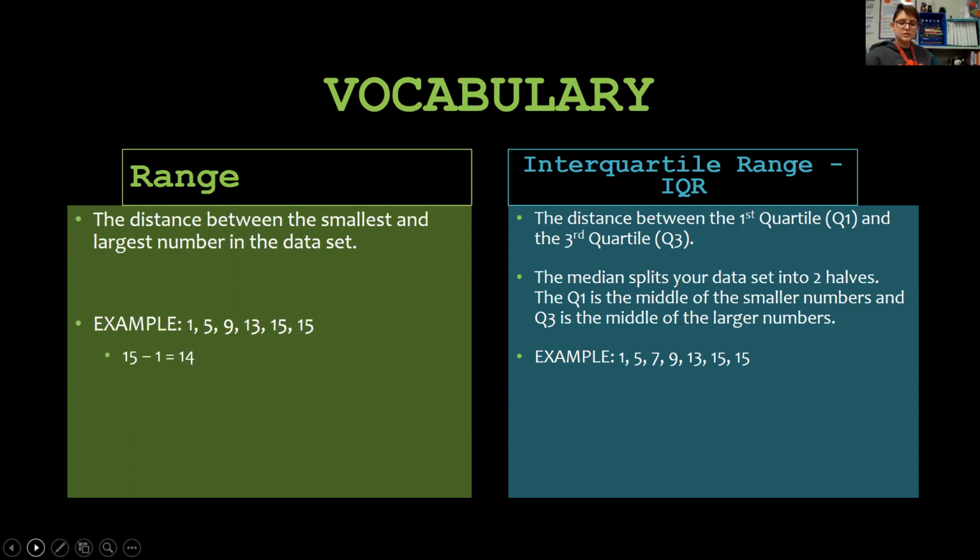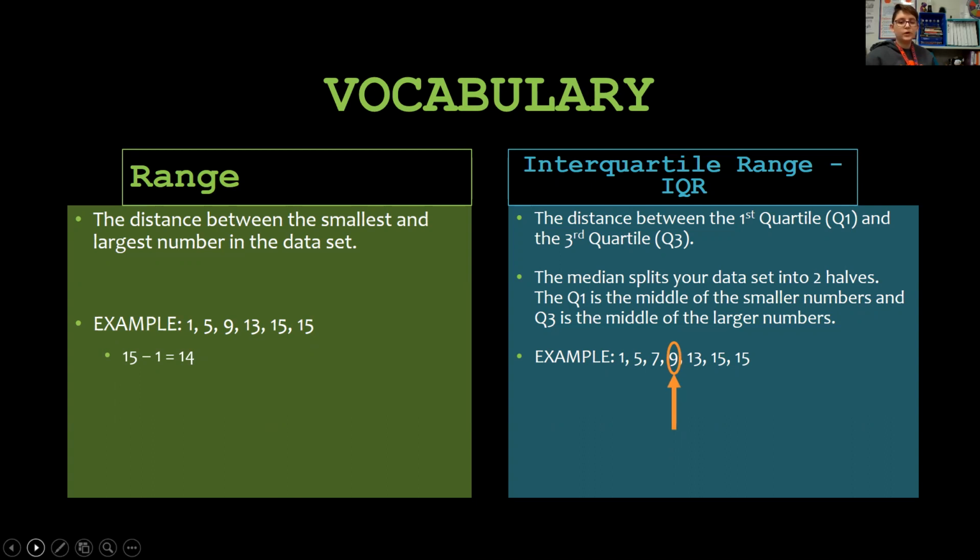So to find a quartile, you first have to find your median, because this splits your data set into 2 groups. So in our example, we have 1, 5, 7, 9, 13, 15, and 15, and our median, the number in the middle, is 9. Now we can see this has made 2 distinct groups.